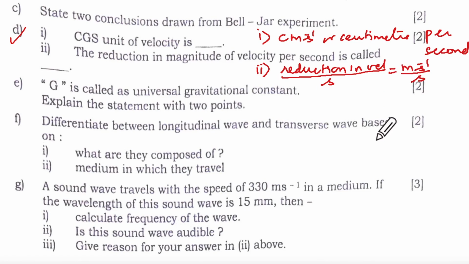Did you understand? Which is equal to meter per second square. Now what is this meter per second square? Acceleration, the unit of acceleration, right? So reduction of velocity per second is, if it was increase then acceleration, but reduction means it will be retardation.